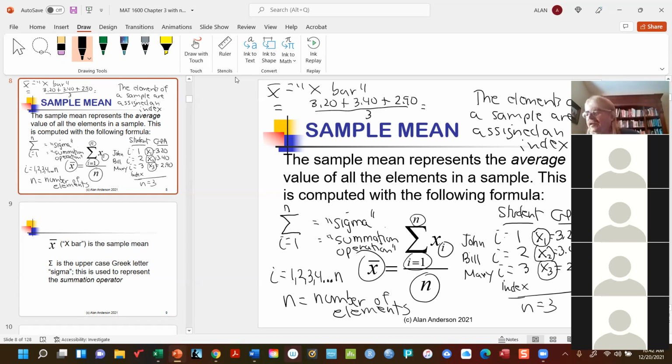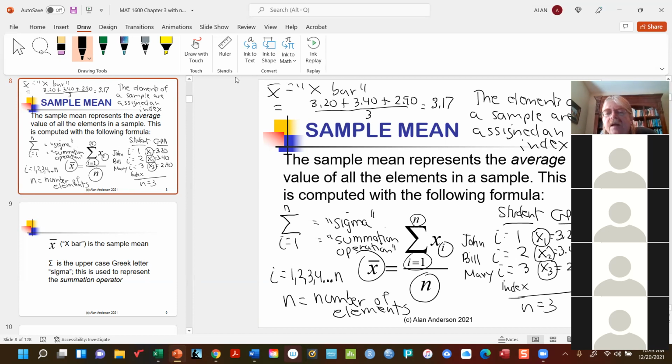Let me get out my calculator real fast. By the way, you all have a really nice calculator built into your iPhone if you didn't know it. Let me show it to you in a second. When I'm through calculating this average, 3.2 plus 3.4 plus 2.9, that's about 3.17. So in this sample, the average GPA is approximately 3.17.